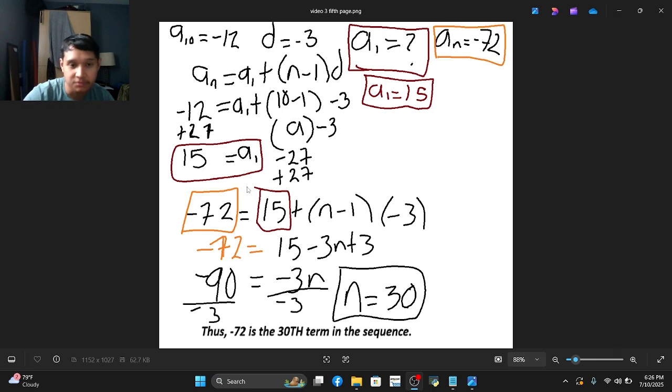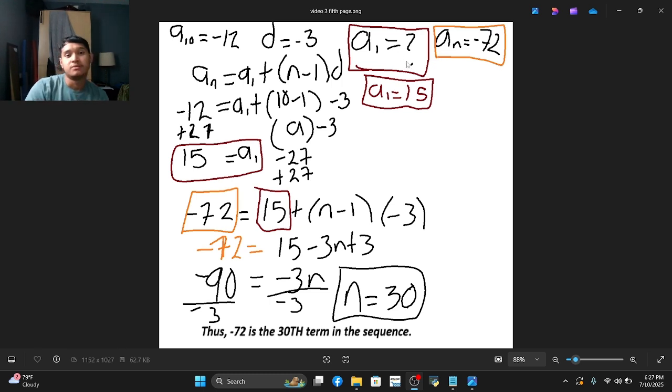Okay. So now we substitute into the formula of a sub n equals a sub 1 plus parenthesis n minus 1 times d. So it's kind of like playing an algebra game.